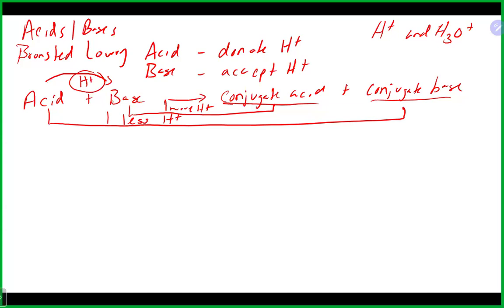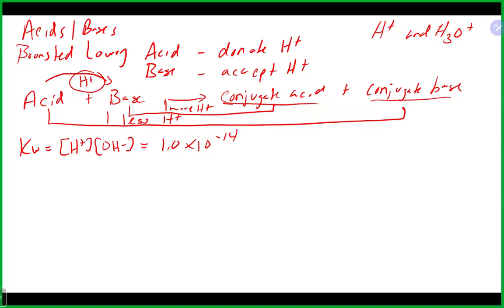We talked about Kw, which is an equilibrium expression for water, equal to the concentration of H+ times the concentration of OH-. For the purposes of our class, and in most classes, that equals a pretty constant number, 1 times 10 to the minus 14.